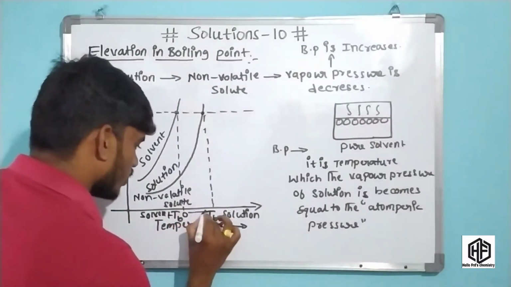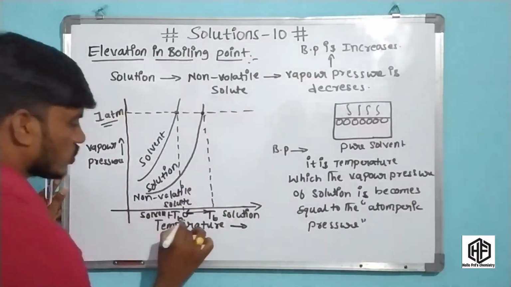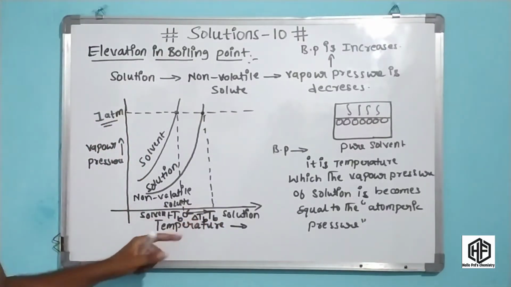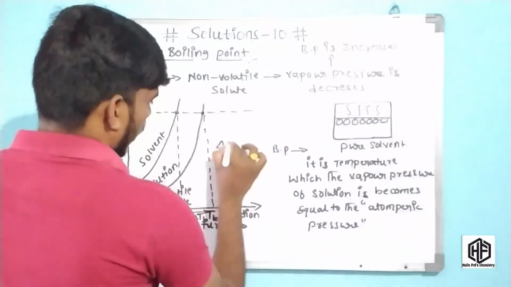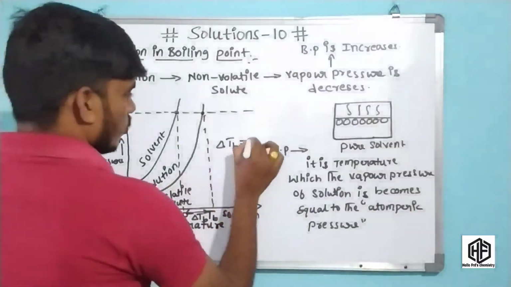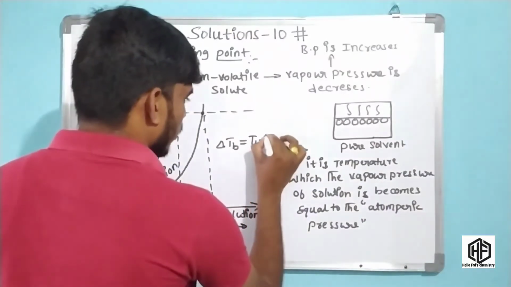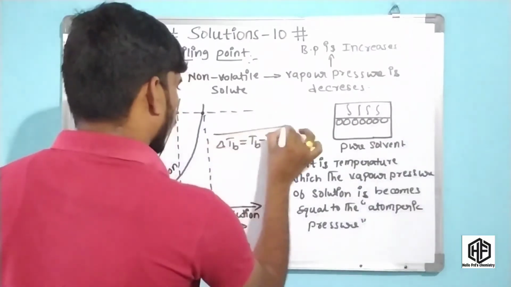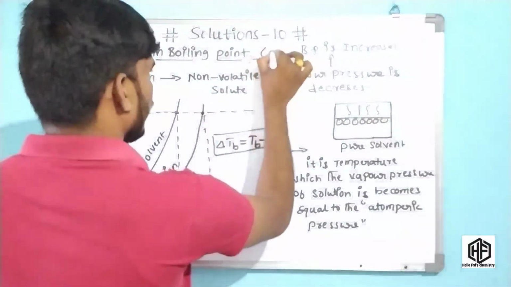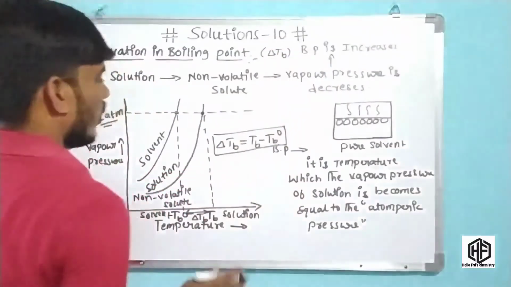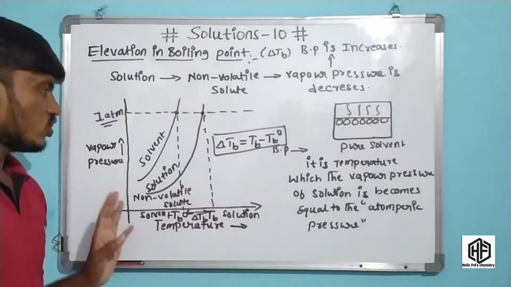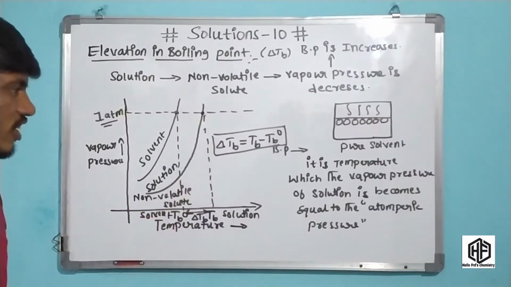This difference is called delta TB, which is final minus initial: the solution boiling point minus the pure solvent boiling point. This delta TB is also called the elevation in boiling point. Elevation in boiling point is the solution boiling point minus the solvent boiling point.